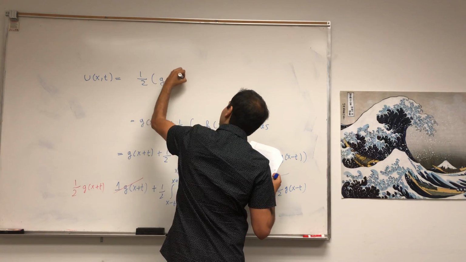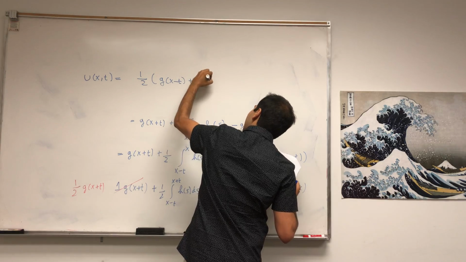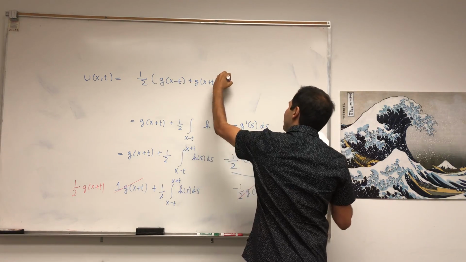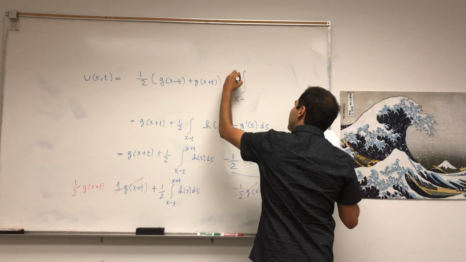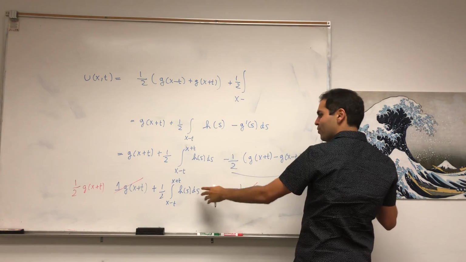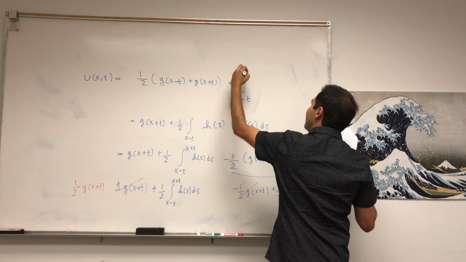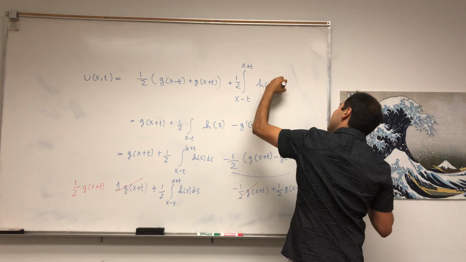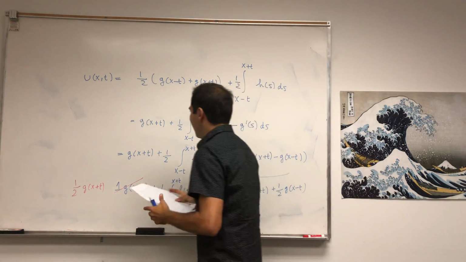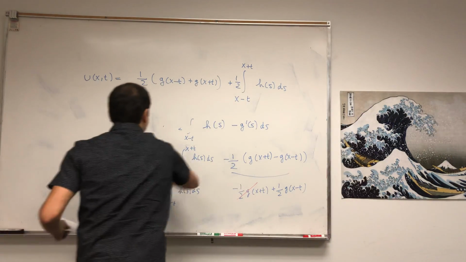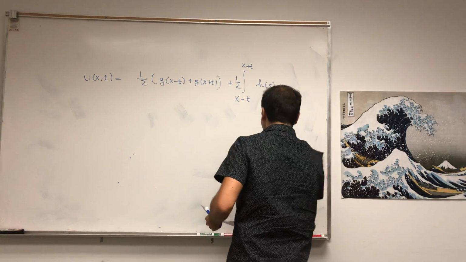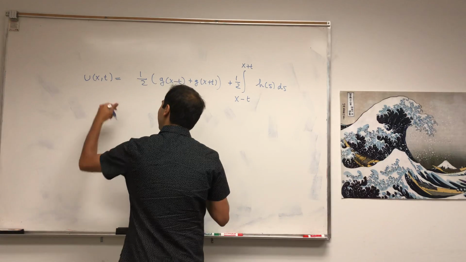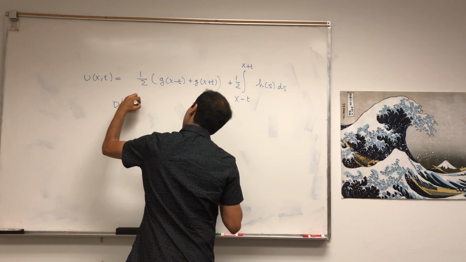So let's just write it in this elegant way: the average of g of x minus t and g of x plus t, plus the average of h of s ds from x minus t to x plus t. Ta-da! So after this long derivation, but super elegant derivation, we have D'Alembert's formula.